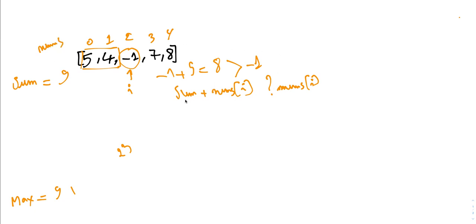So if the sum plus nums[i] is greater than nums[i] itself, we can add nums[i] to the sum. And if it's not the case, we just take nums[i] itself because it's greater, and we can build another contiguous subarray starting from this i.